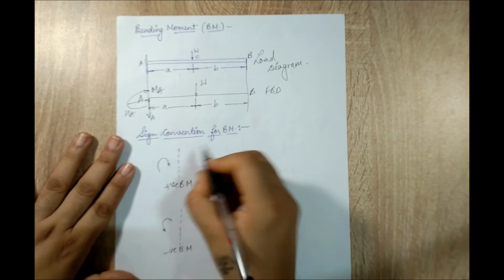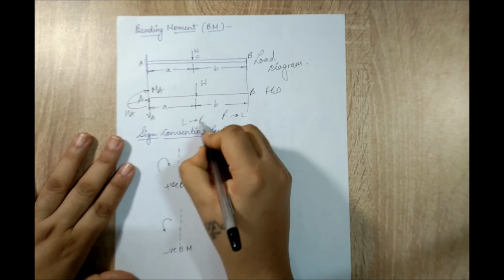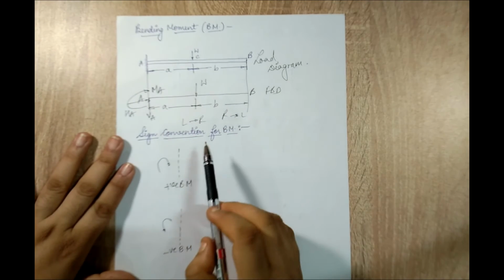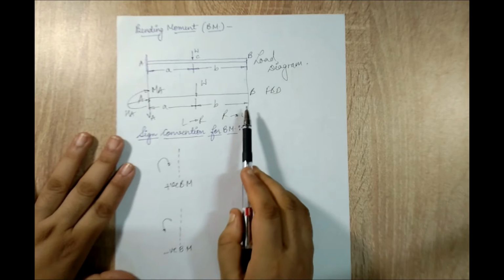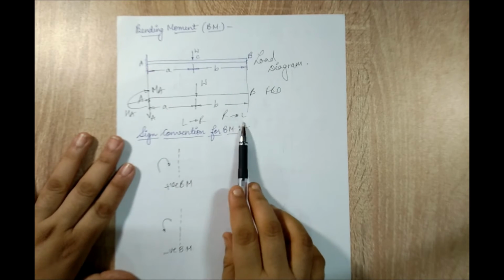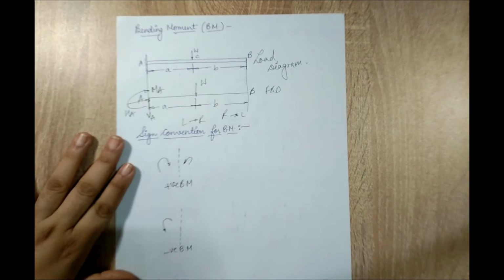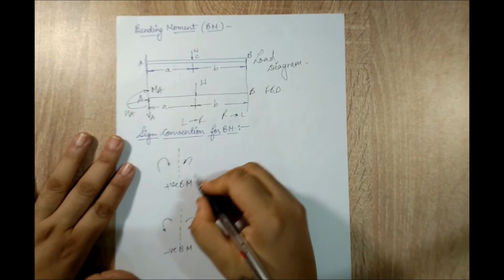Again I'll have to write for right to left as well, because every time you can't just write left to right, as there are certain problems wherein you will have to walk from right to left also. We will discuss that. When I have to solve from right to left, at that time I would say that anti-clockwise is positive bending moment and clockwise will be negative bending moment.